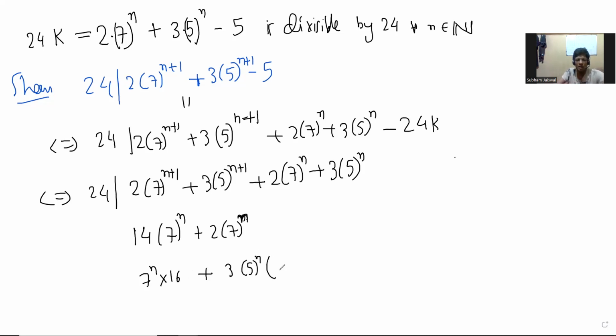Then 3 times 5 to the n, that becomes 18, right? Otherwise it is 6. Yeah, doesn't look very useful.